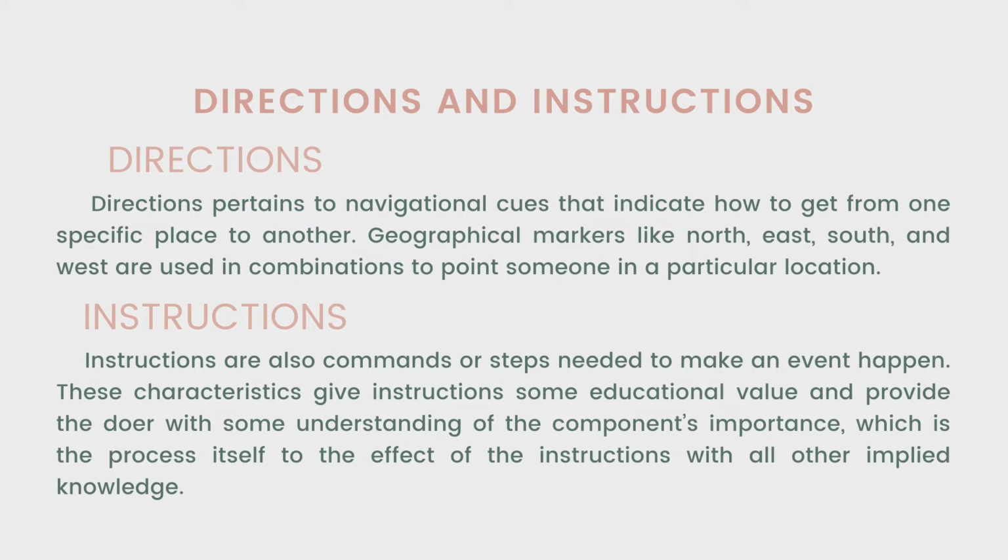On the other hand, instructions are also commands or steps needed to make an event happen. These characteristics give instructions some educational value and provide the doer with some understanding of the component's importance, which is the process itself and the effect of the instructions, with all other implied knowledge.